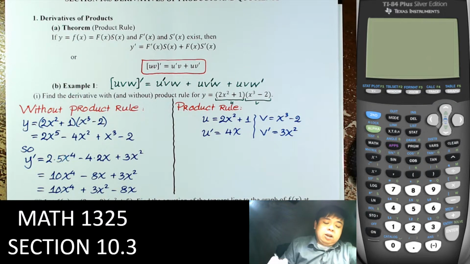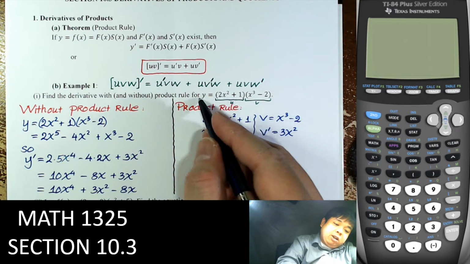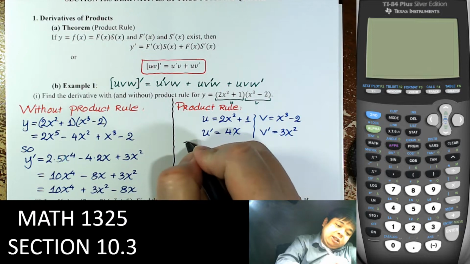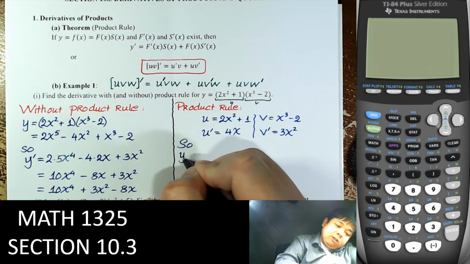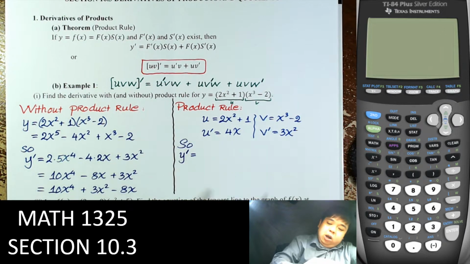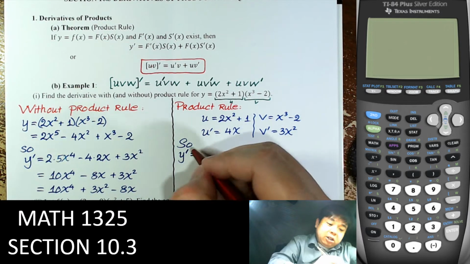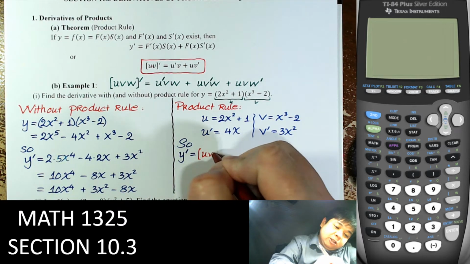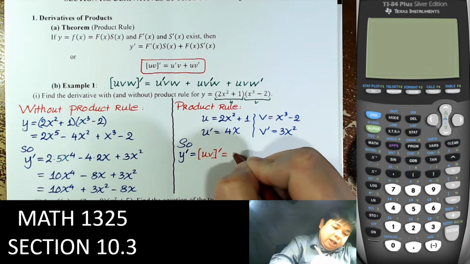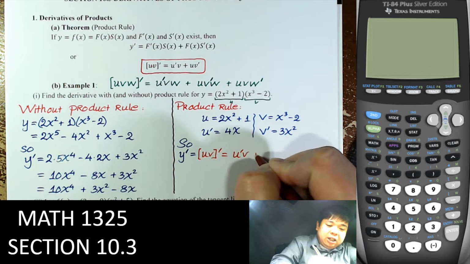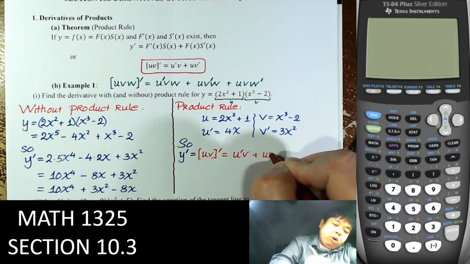Now let's find the derivative of y, which is the derivative of the product. The product rule says u prime v plus u v prime.